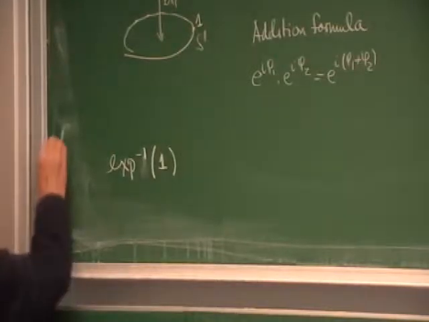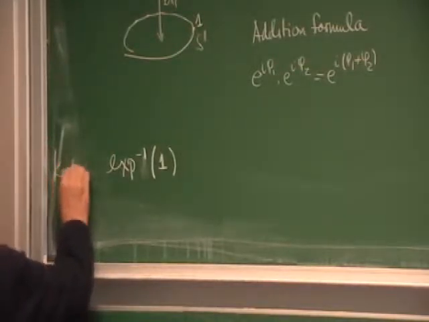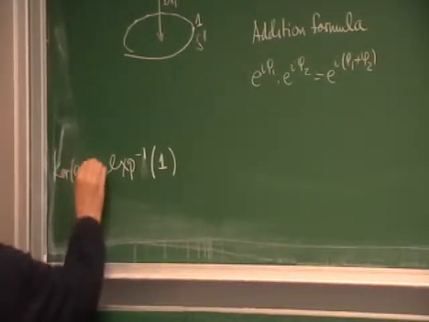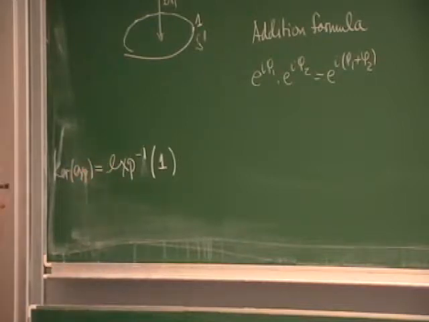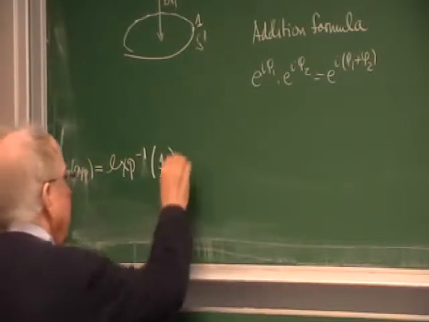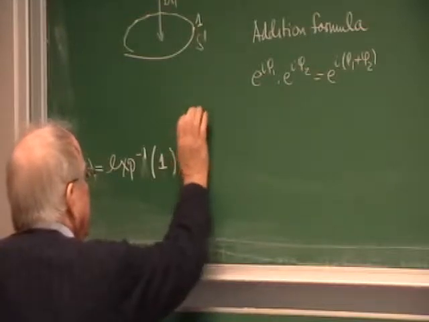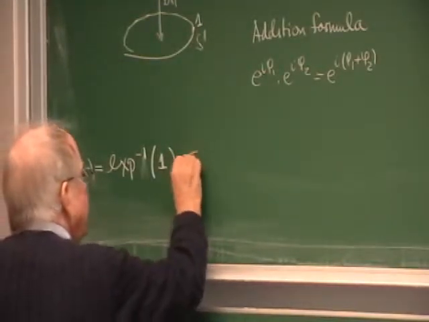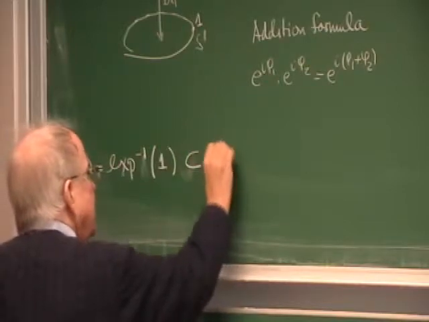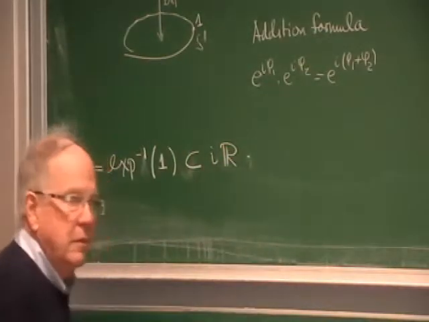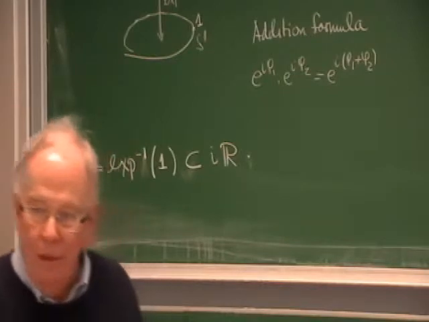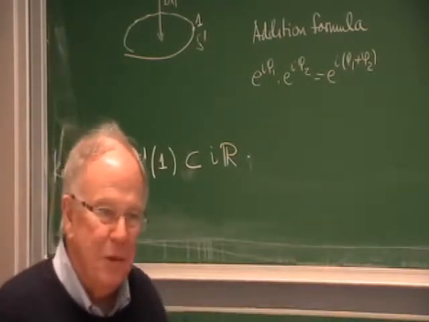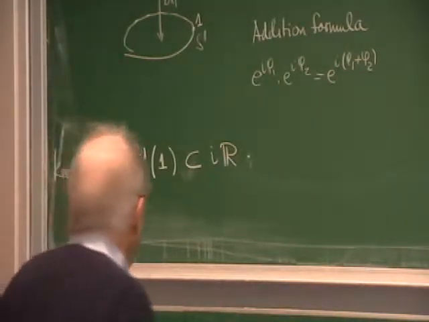This is the kernel of X, and X inverse of 1 is what is mapped to 1. And well, I don't know, but this is for sure contained in i times R. That much we know, because 1 is contained in the circle, right?